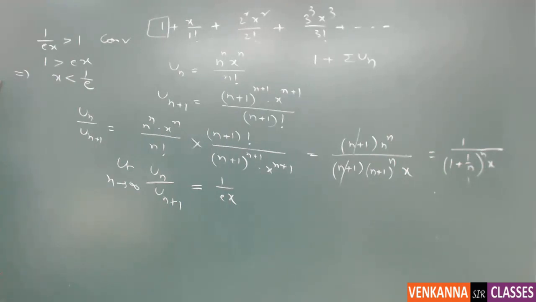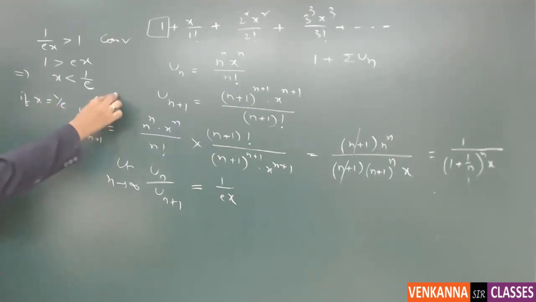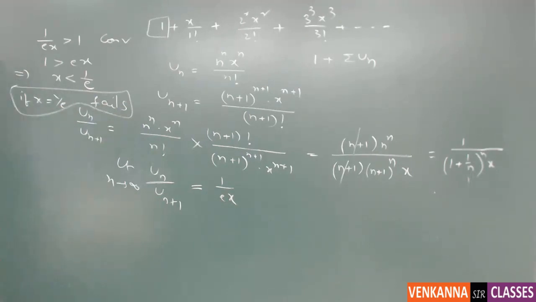Now, if 1 by e^x is less than 1, it is divergent, and the ratio test fails if x equals 1 by e. Any questions, please? Yes or no?